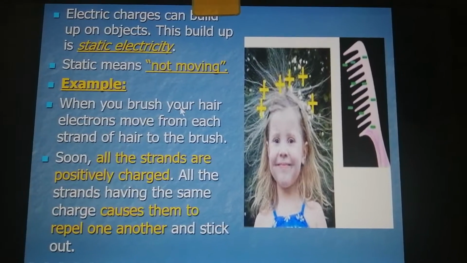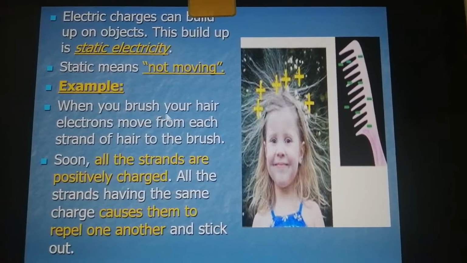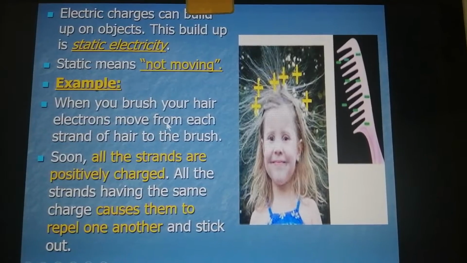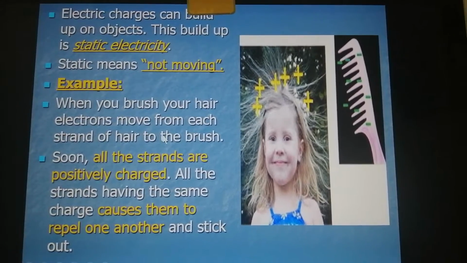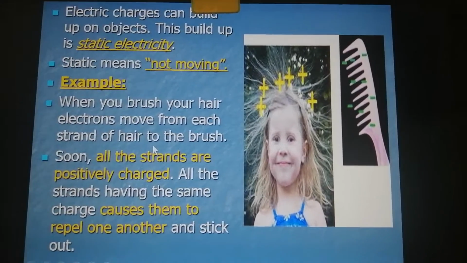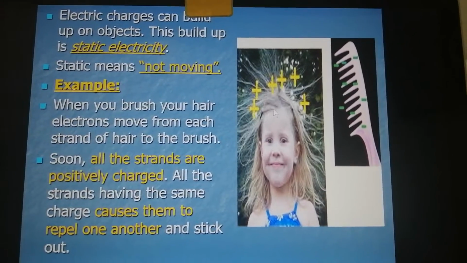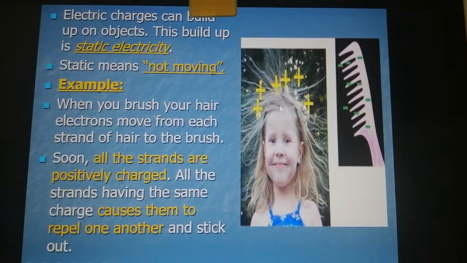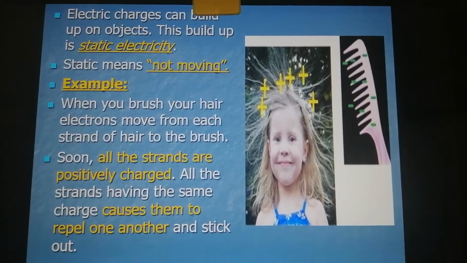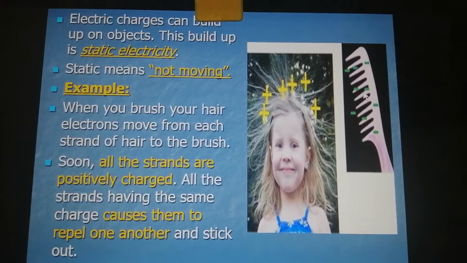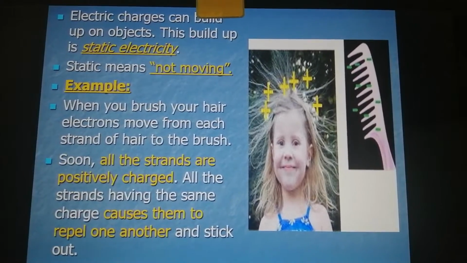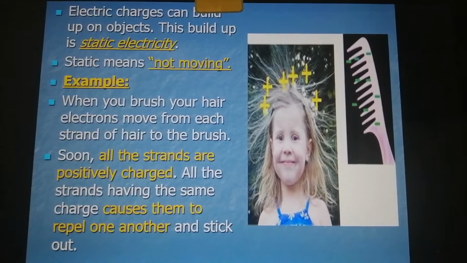Okay, example. When you brush your hair, electrons move from each strand of hair to the brush. Your hair is neutral. It has positive and it has negative, right? And the comb is also neutral. It has positive and it has negative.